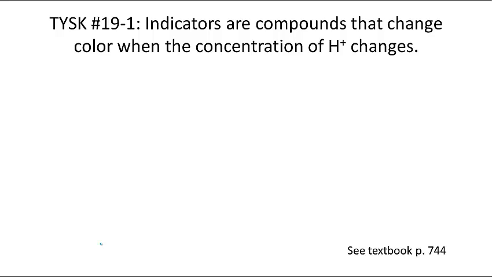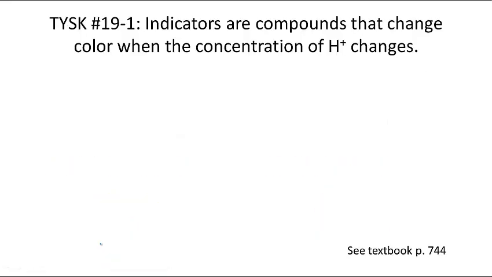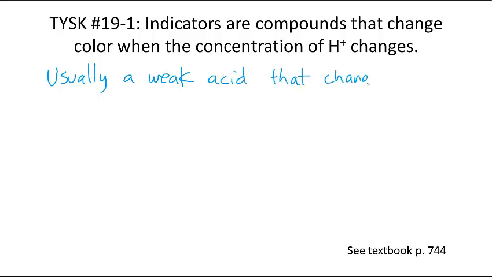All right? So the thing about an indicator, it's usually a weak acid that changes color when it loses H+.